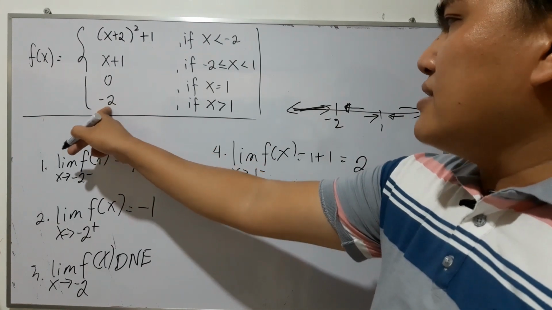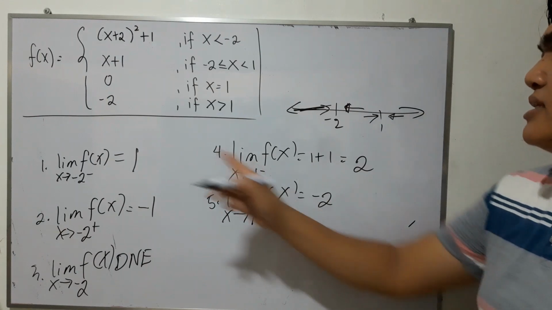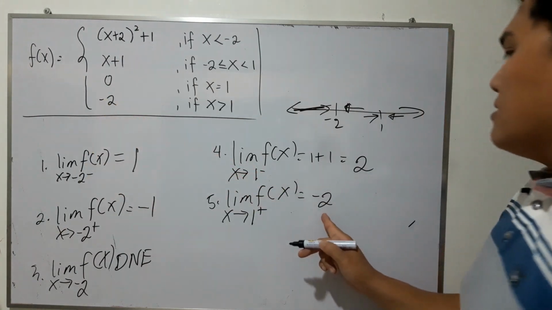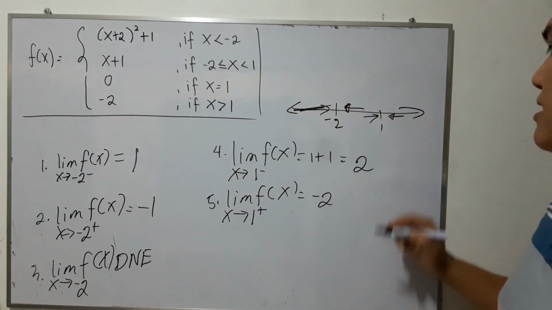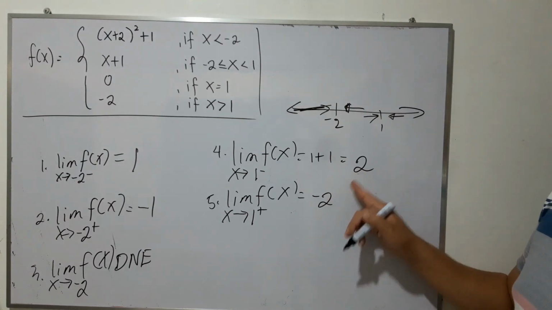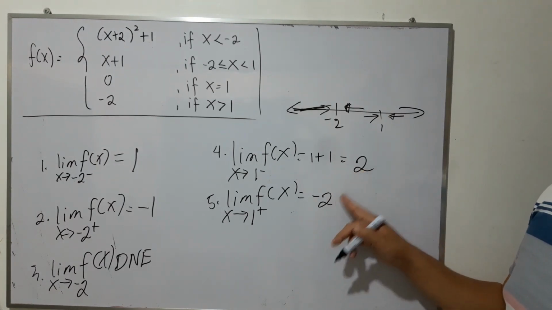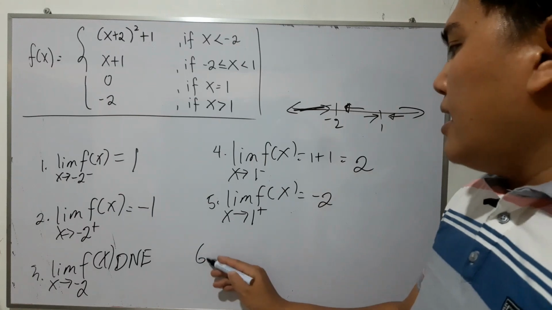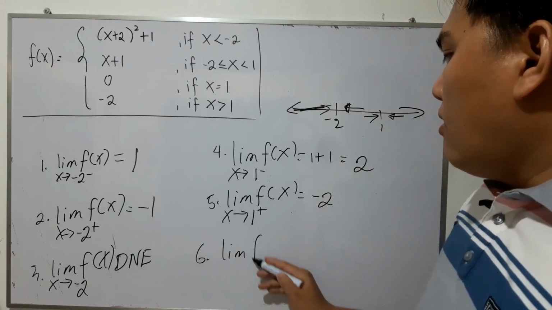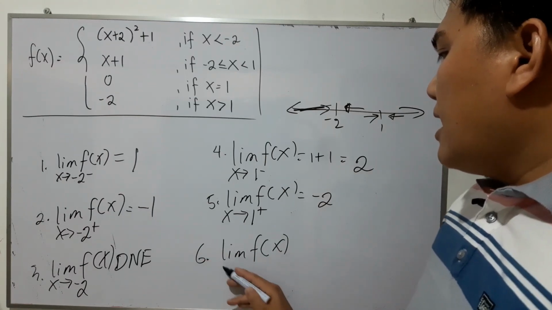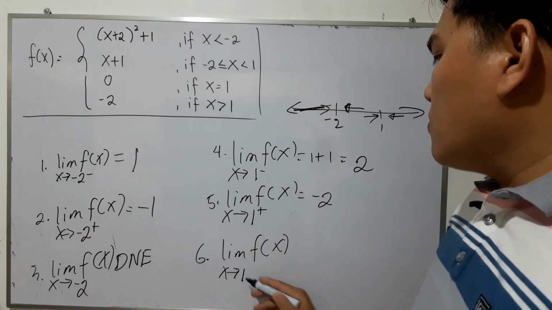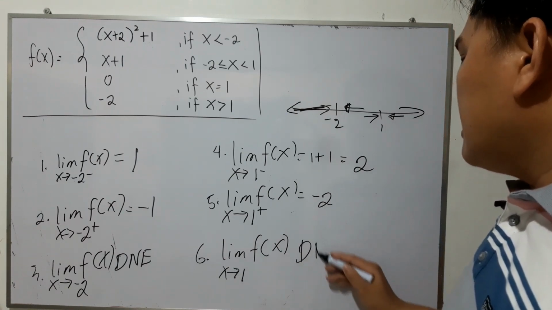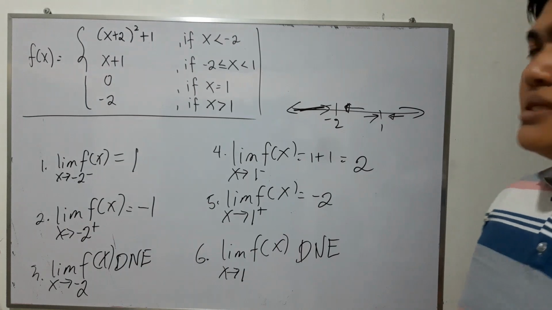It's a constant function, so this part is always -2. And these two are not the same. So the limit of f of x as x approaches 1 also does not exist.